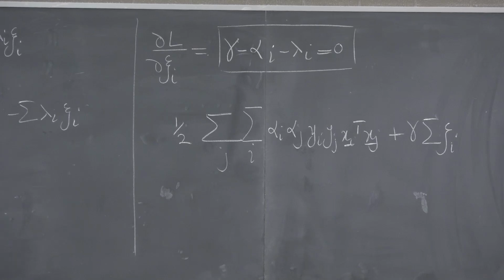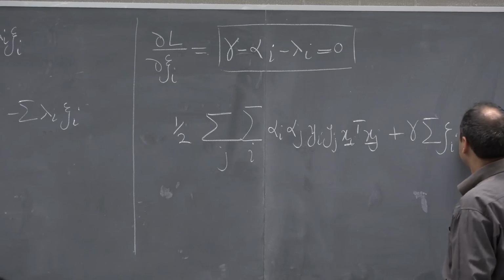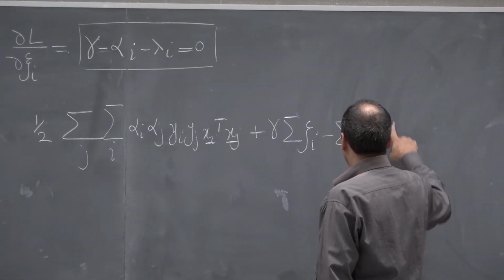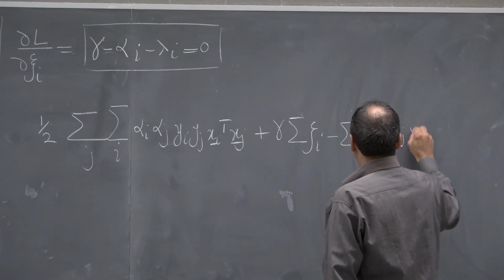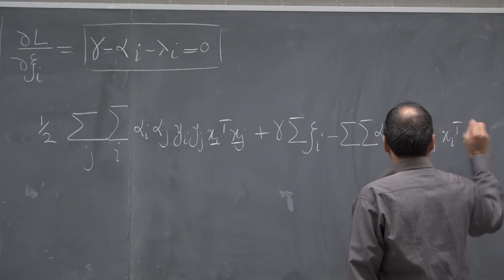I have this term, sum alpha_i y_i beta transpose x_i. Beta transpose can come out of this summation, and I can put sum alpha_i y_i x_i in place of that. So then I have sum alpha_i y_i x_i transpose times sum alpha_i y_i x_i, which I can write as sum alpha_i alpha_j y_i y_j x_i transpose x_j.